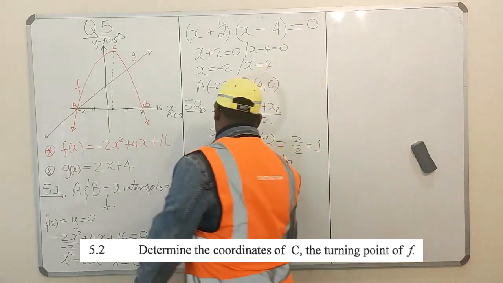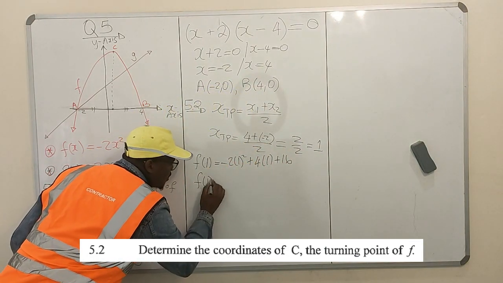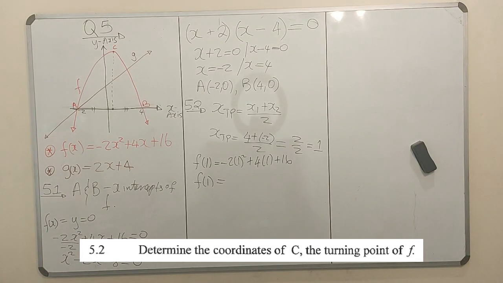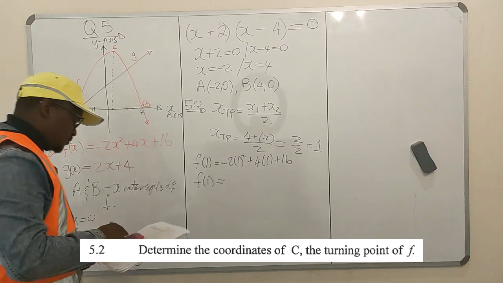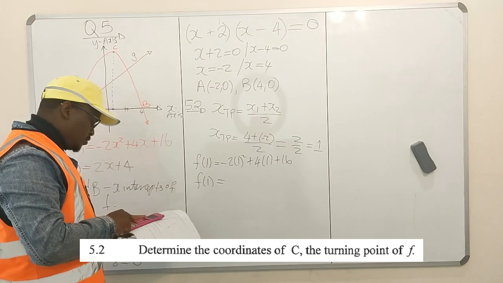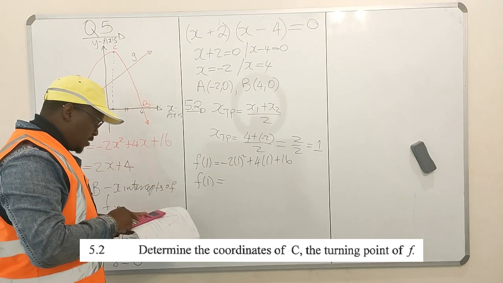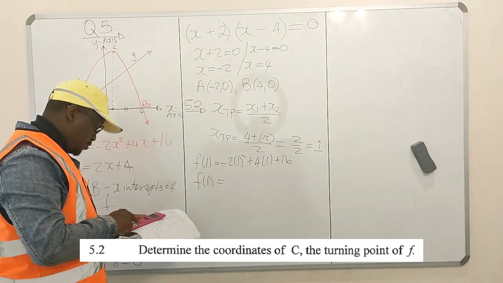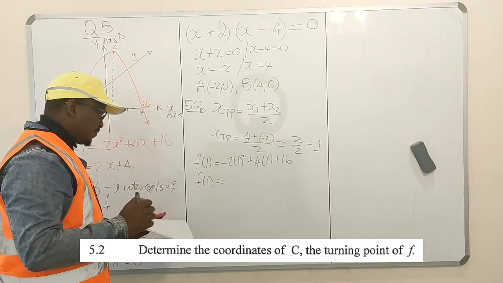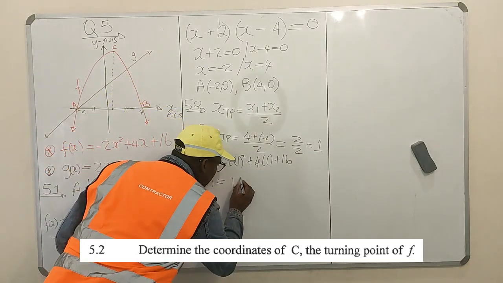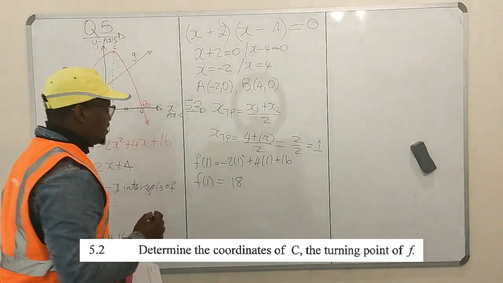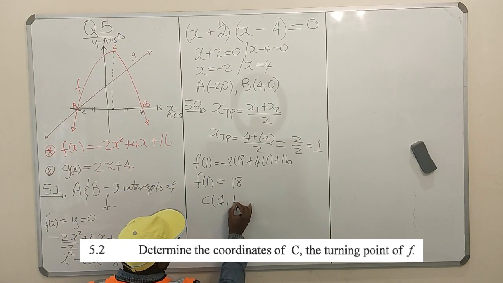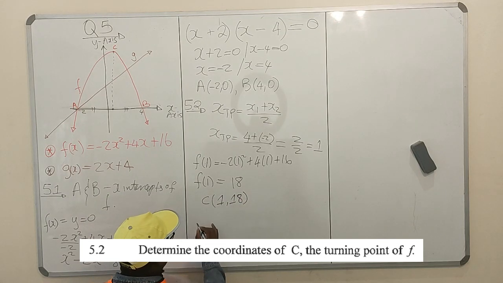I'm going to use my calculator to punch that in and see what my answer will be. Our f at 1 is equal to 18. So our coordinates for C: the x value is 1 and the y value is 18. So these are the coordinates for C.